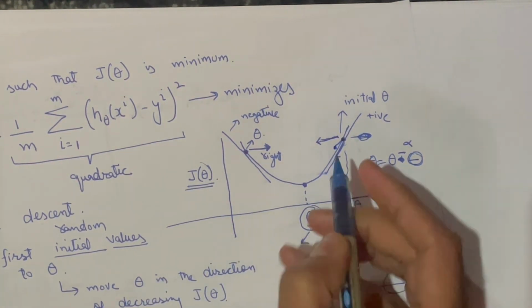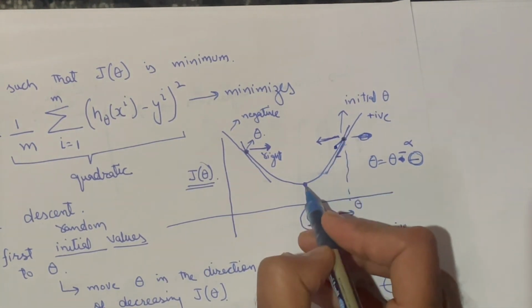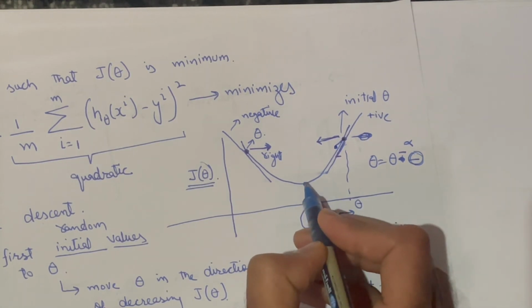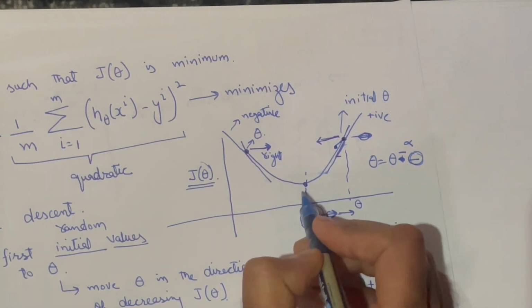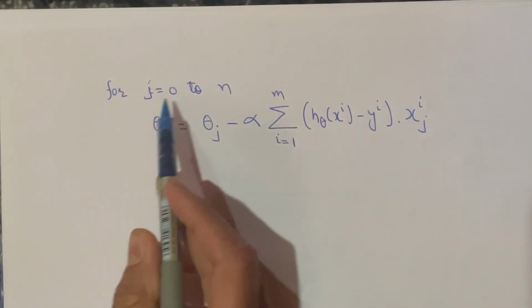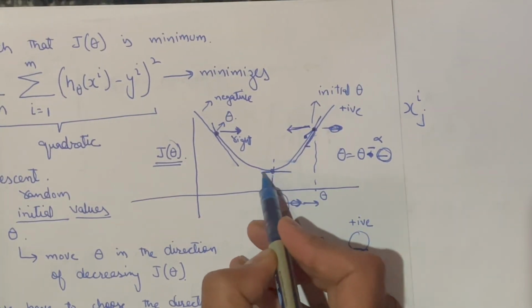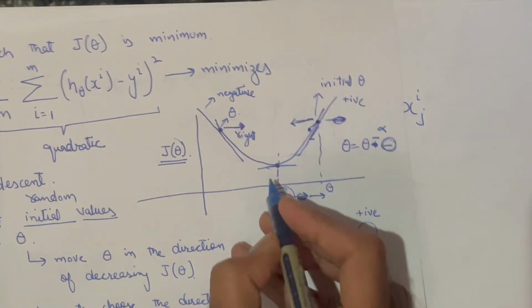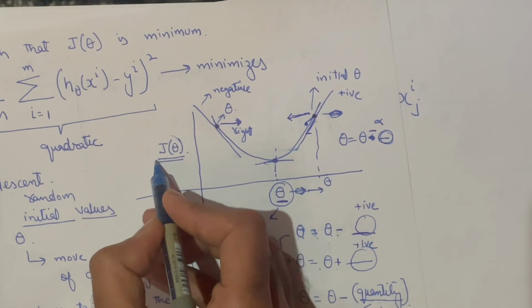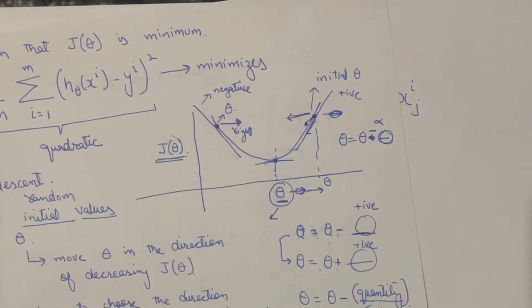Now still I have not reached the minimum, because I have to reach the minimum. I will repeat the same thing again and again till I reach the minimum. So what is this minimum? Minimum means where this loss is minimum, j theta is minimum.